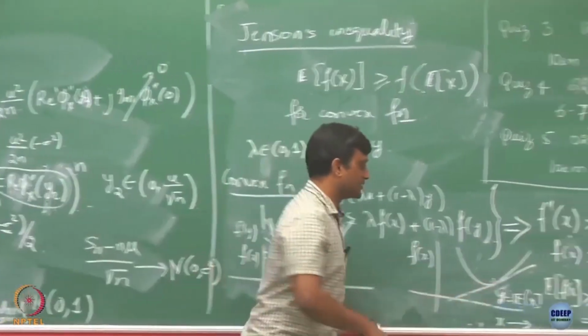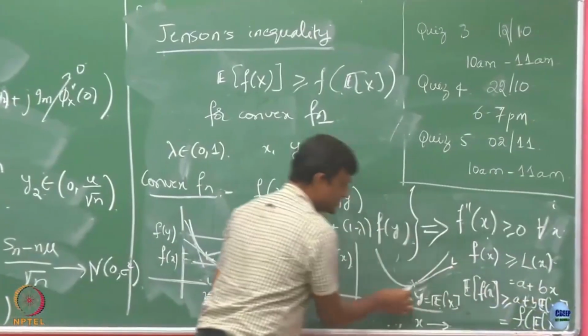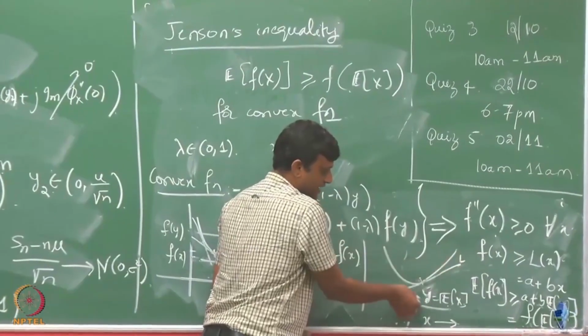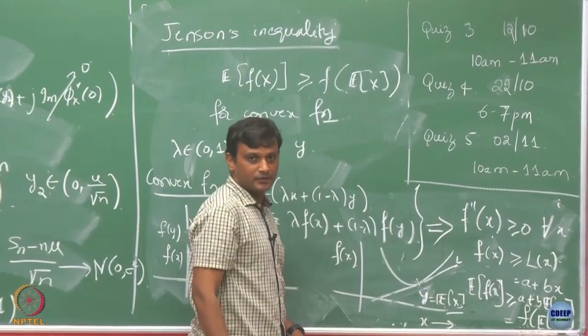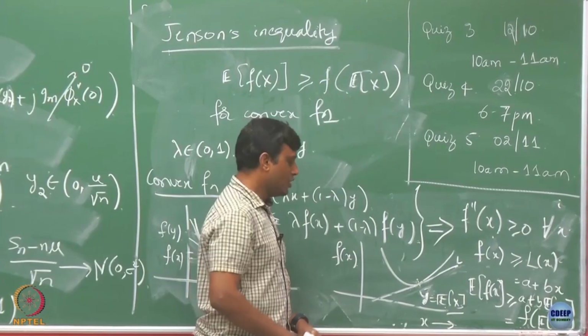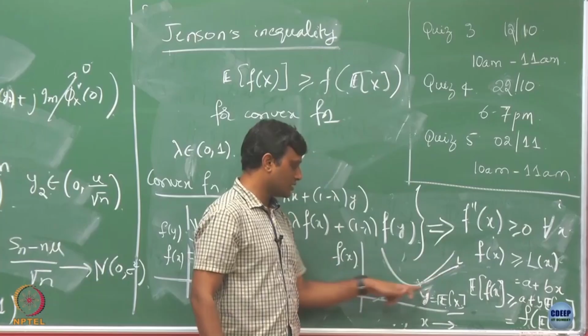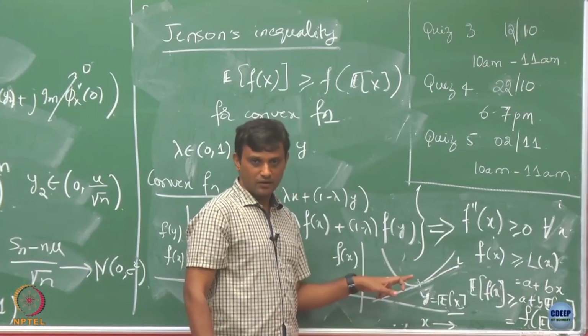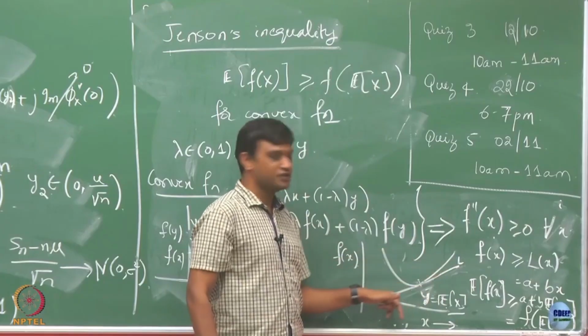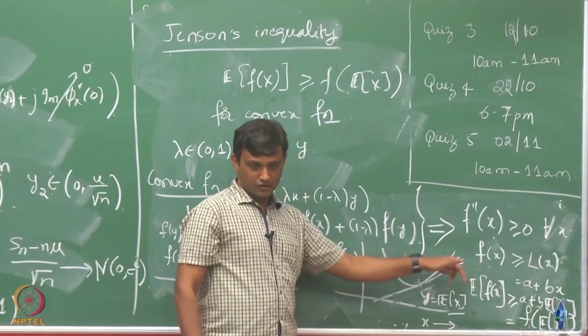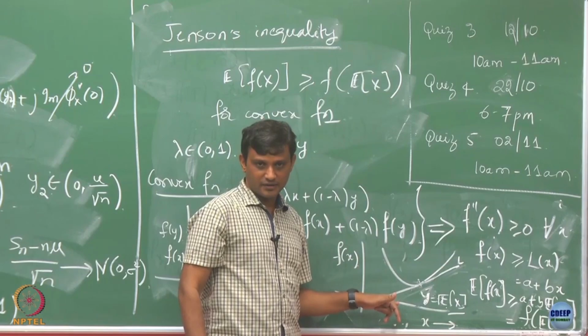Yeah, L is the tangent. I have chosen this tangent to be at a particular point, which is the expectation of x here. Give me any point on this curve, the convexity property tells that at this point I should be able to draw a tangent.